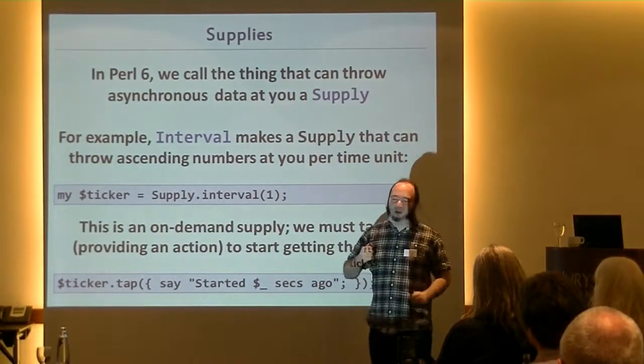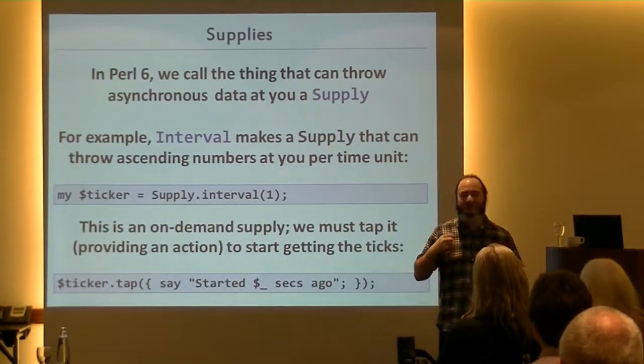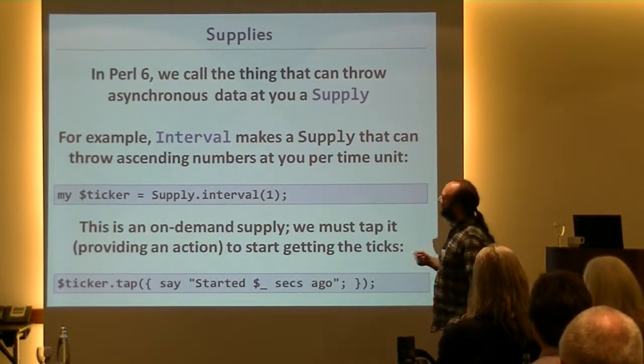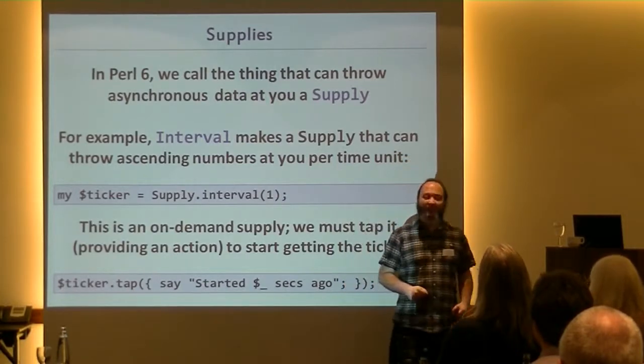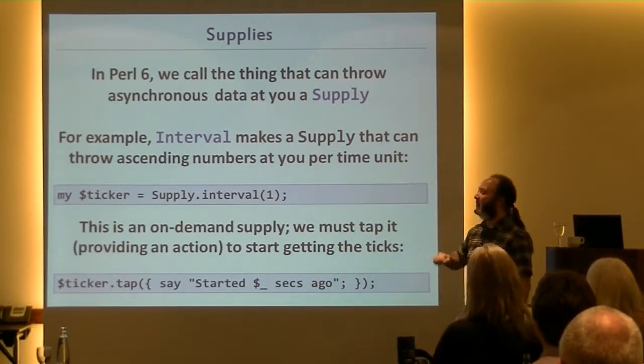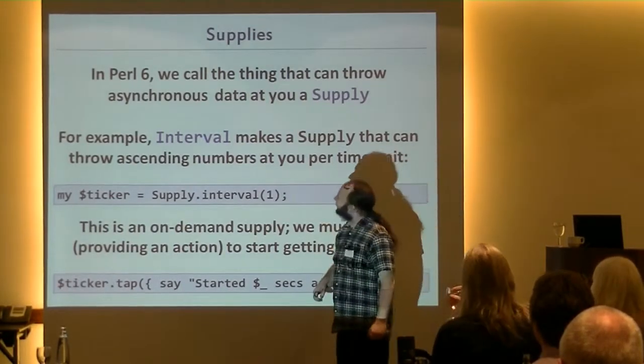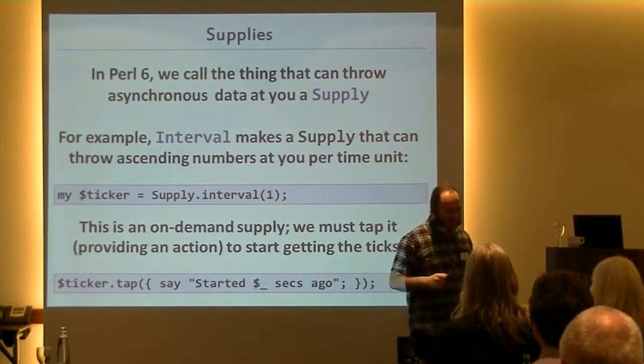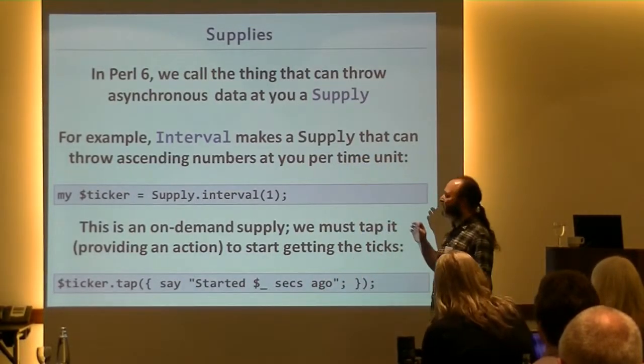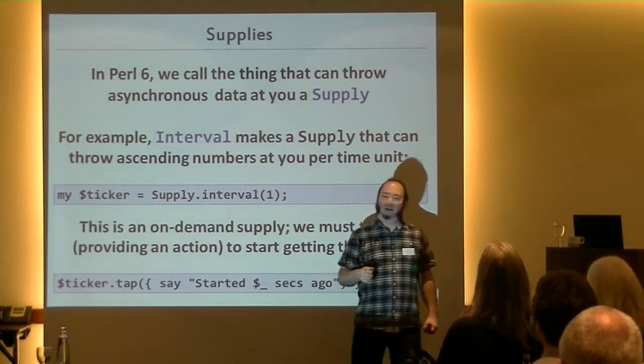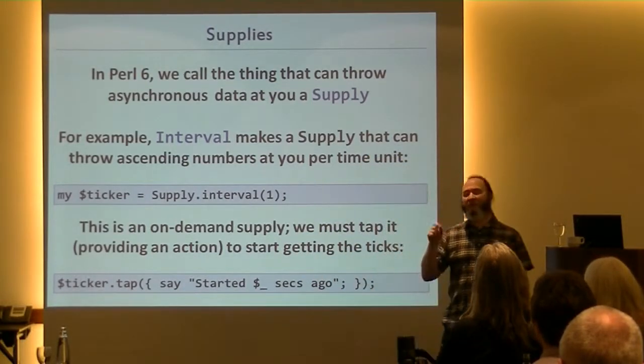In Perl 6, we call a source of asynchronous data a supply. Here's one of the simplest ways to get a supply. We say Supply.interval(1), and that's 1 second. What this will do is give me a supply of ticks, one every second.